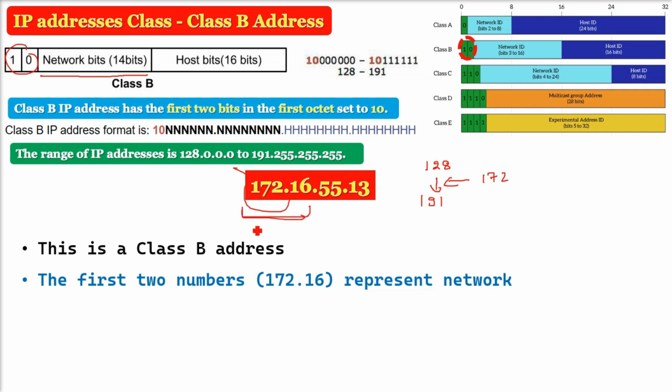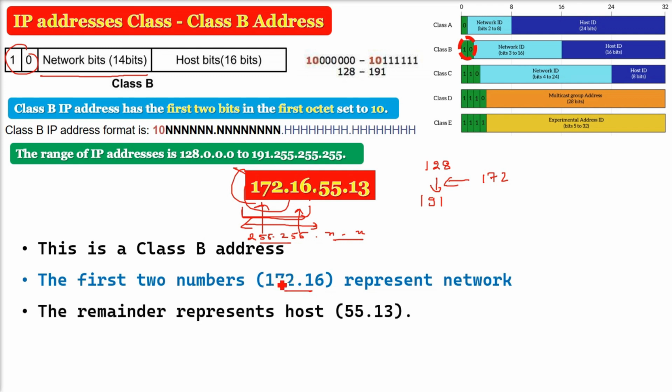So 172.16 is the representation for the network. So we AND it with 255.255.x.x, and these two octets we get for the network. That is how a subnet mask works with an IP to take out the network address. So 172.16 is the network it is representing.